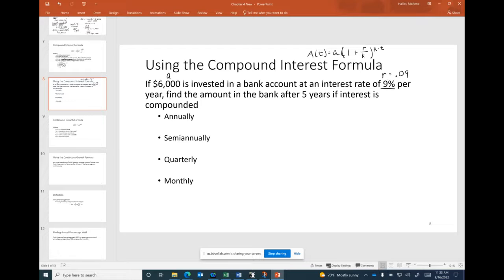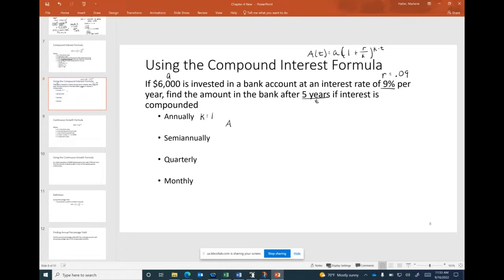So 5 years, that's the T, right? And if we're compounding annually, what is K going to be? K is going to be 1 because we just calculate that interest and compound it once per year. So this formula is going to look like this.